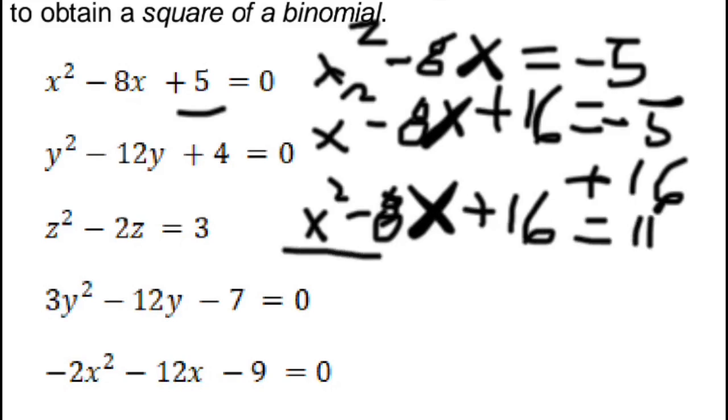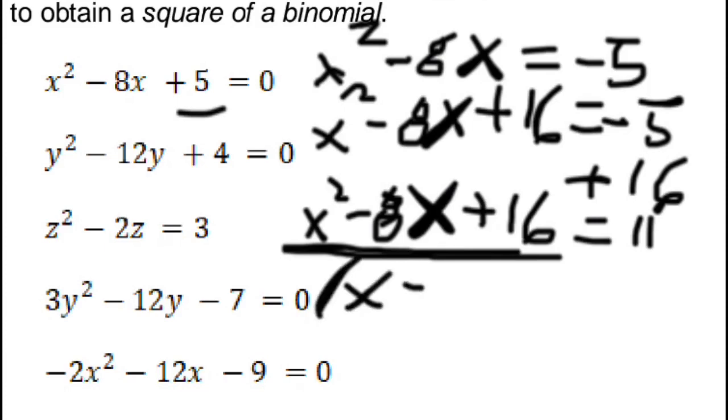Next, you're going to express this as a square of a binomial. We squared negative 4 on the second step, so you're going to have here x minus 4 squared equals 11.